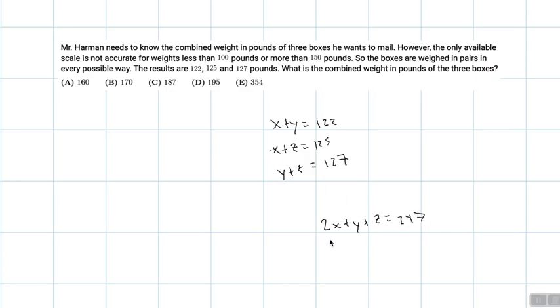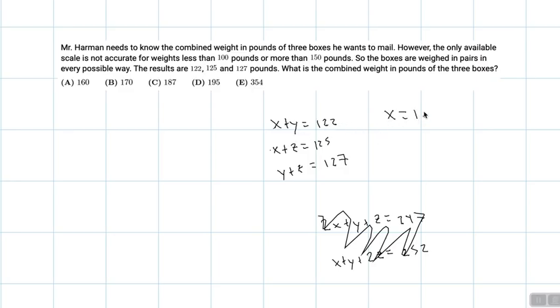And then if we add these two equations, it's going to be true that x plus y plus 2z is 252. Yeah, no, I mean, probably the fastest way is just to solve here.